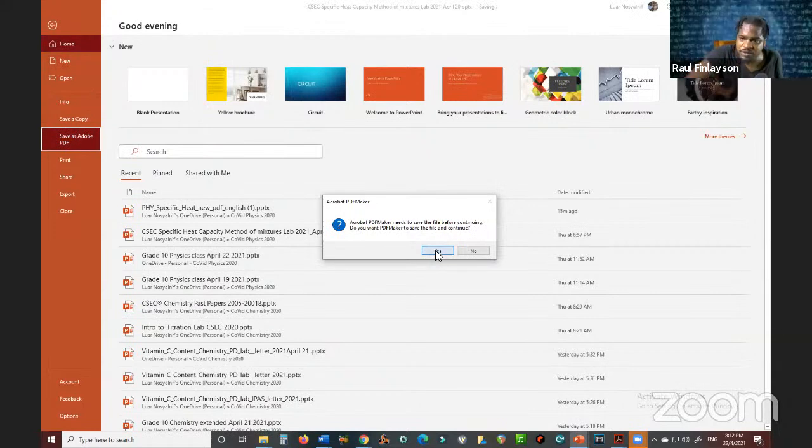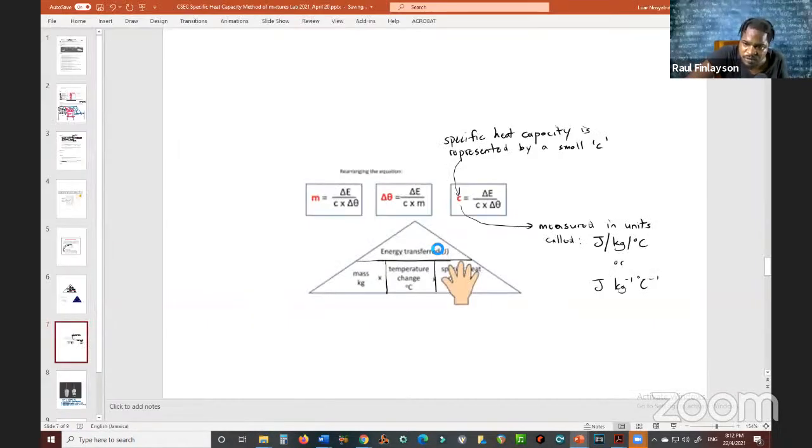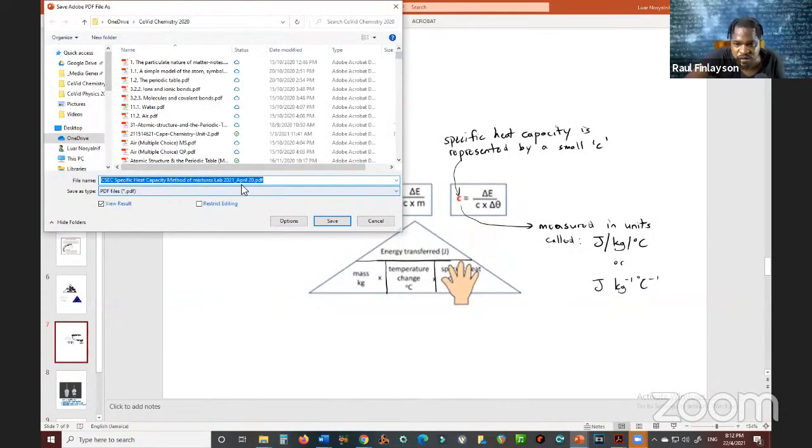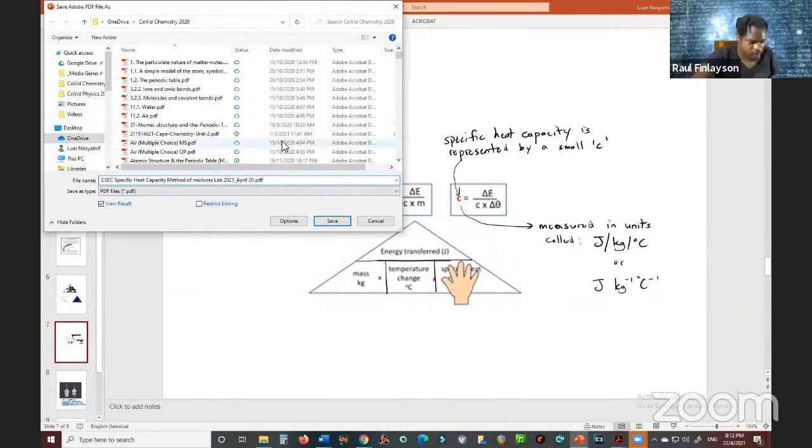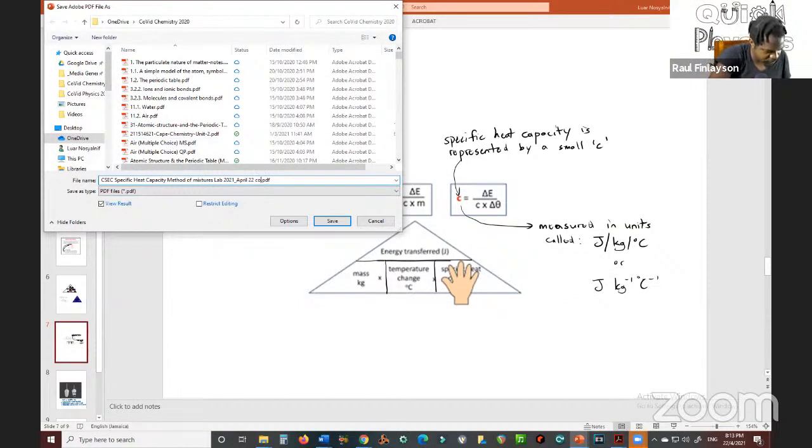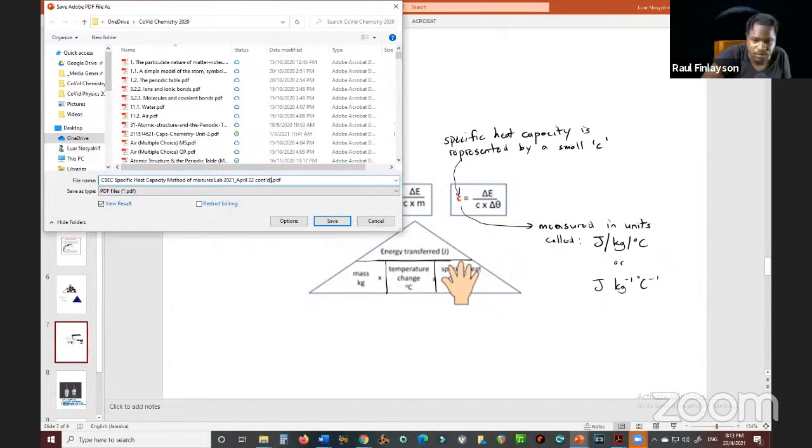The reason why I spend so long with this lab is that we're teaching the concept that the exam will ask from it. And today is April 22.